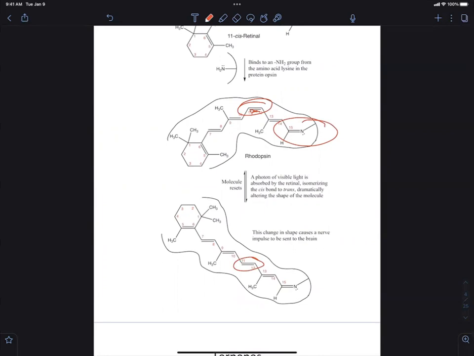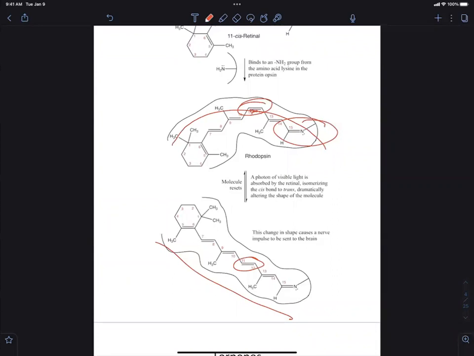That means the whole molecule has a very different shape. Instead of this bent shape, it's now a linear shape. That movement triggers the opsin molecule to send a signal to the brain that says a photon was absorbed. This is essentially how we see.